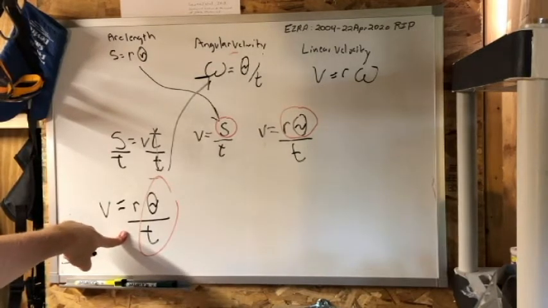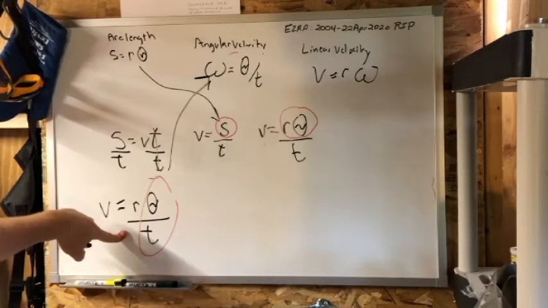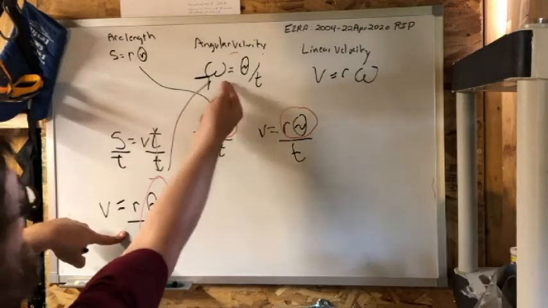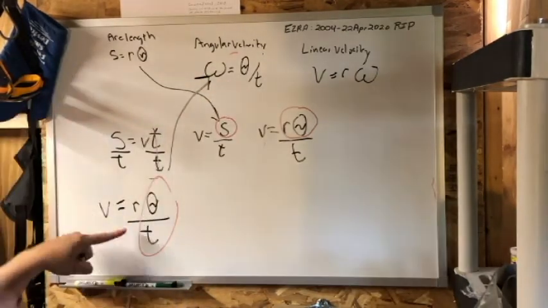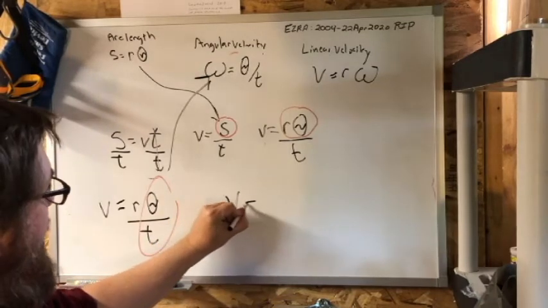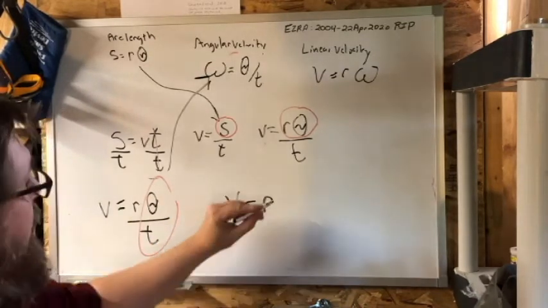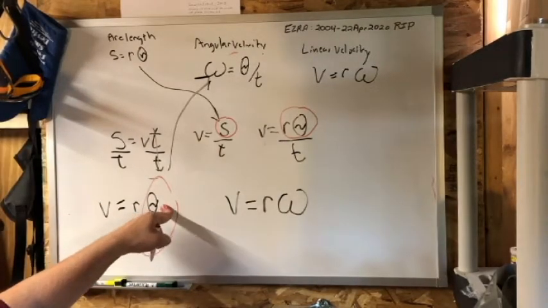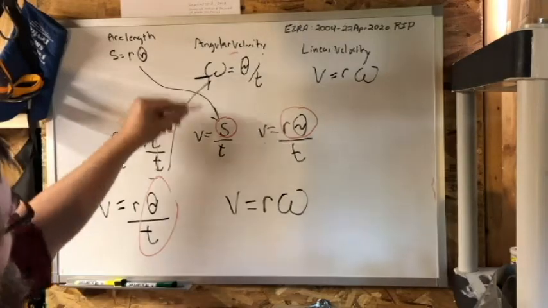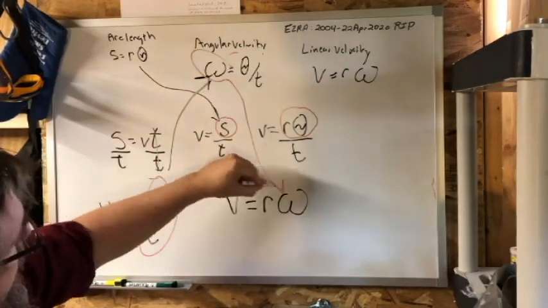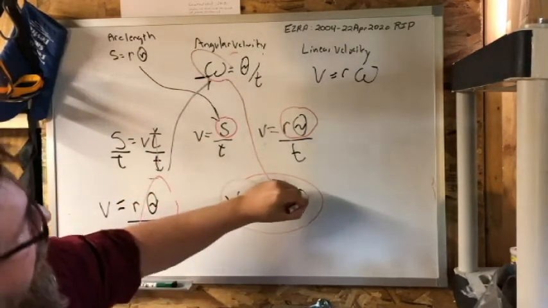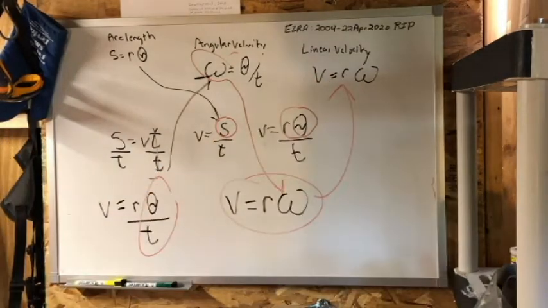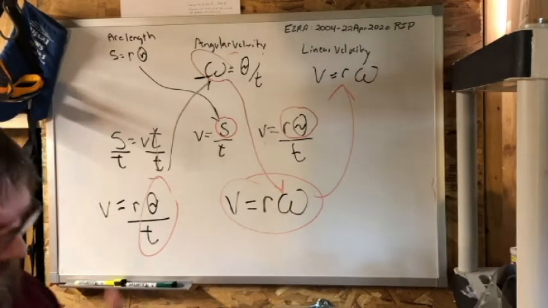We can swap out our theta over our time for our omega, our radians. So we get our velocity equals rate times our omega. We can swap that for that, and this is our linear velocity. I think that's explained correctly, but that's how they are all kind of the same thing.